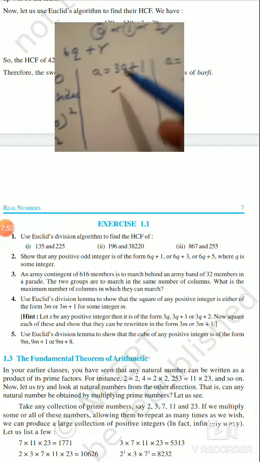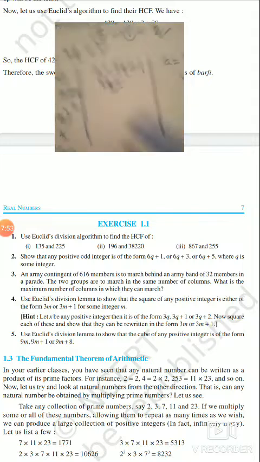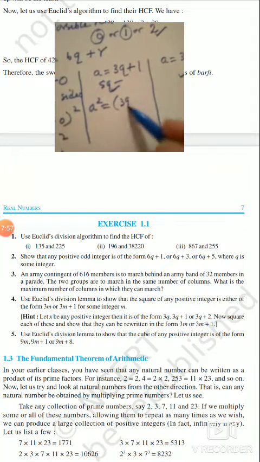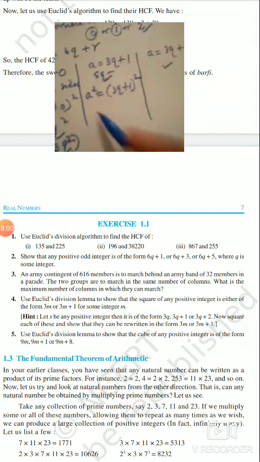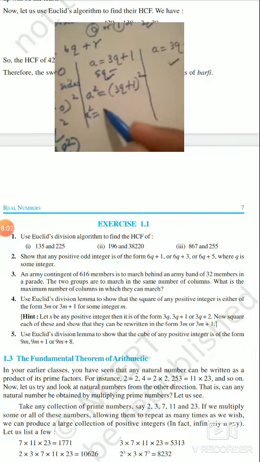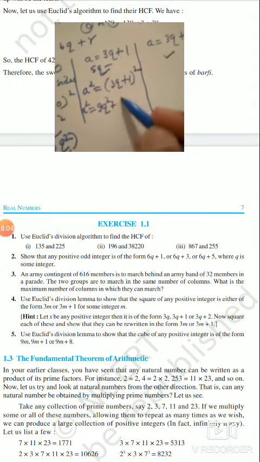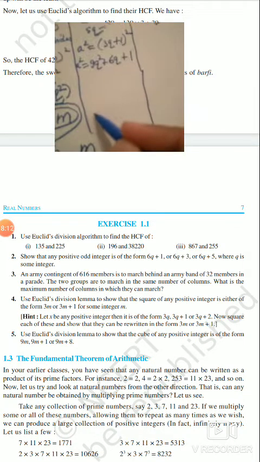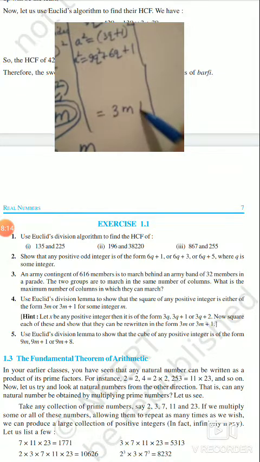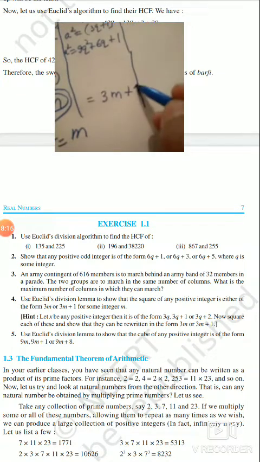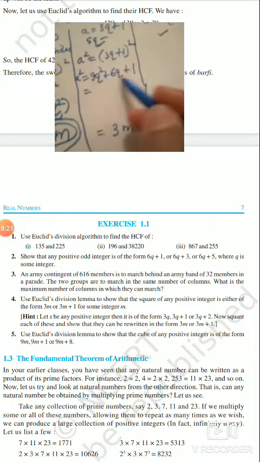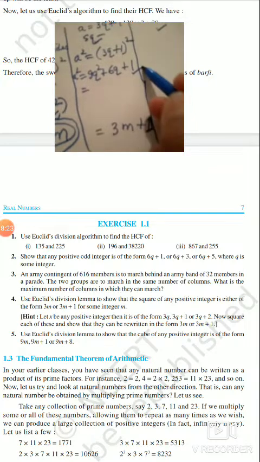Now second. Again squaring both sides. A square is now 3q plus 1 whole square. So now a plus b whole square is a square plus 2ab plus b square. Now here the answer is 3m plus 1. So how will we make this 3m plus 1? 1 is already here.